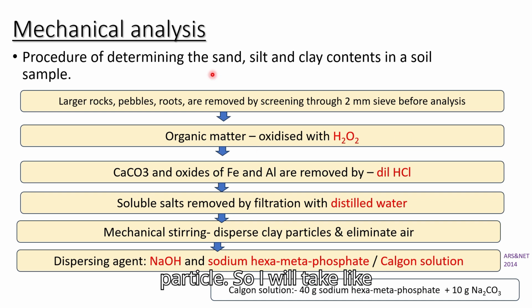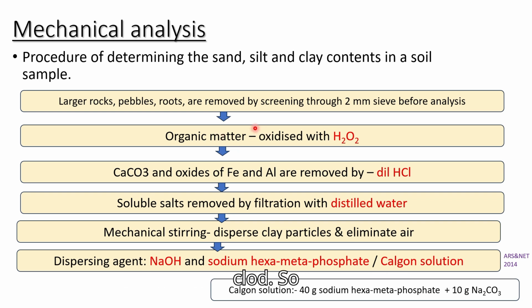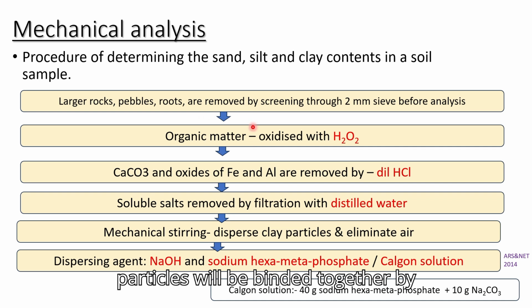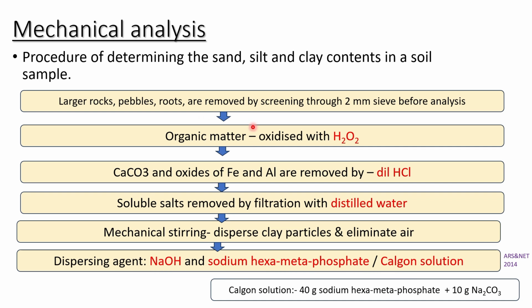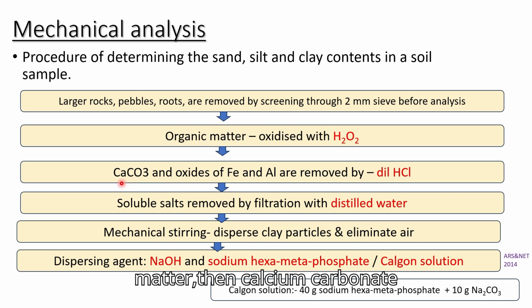I will take that soil and I have to add many reagents. This soil may contain many large clods. These clods mean soil particles bound together with the help of cementing agents like organic matter, calcium carbonate, etc. They form such clods, which we call aggregates.